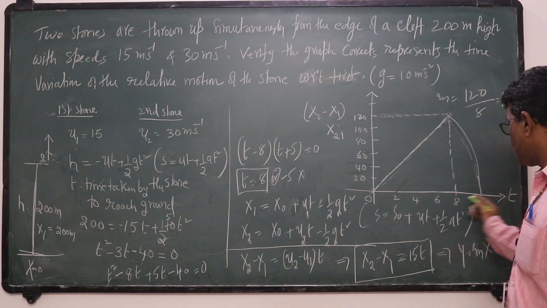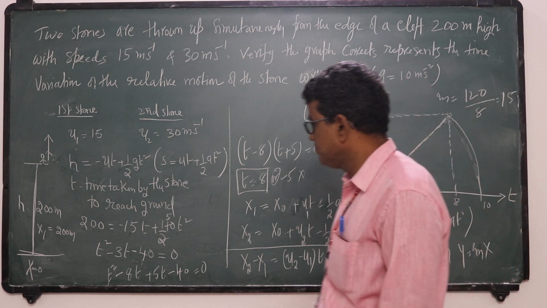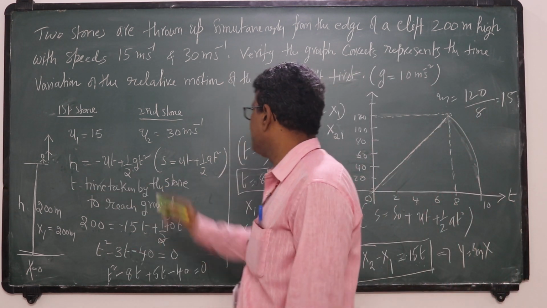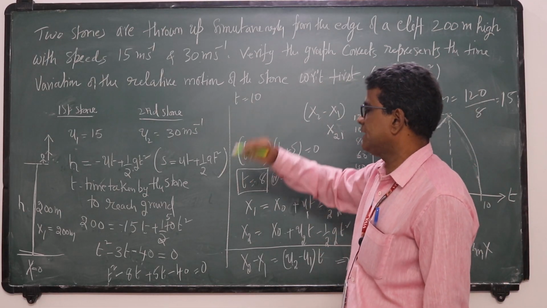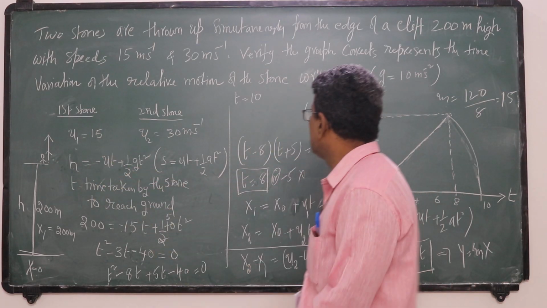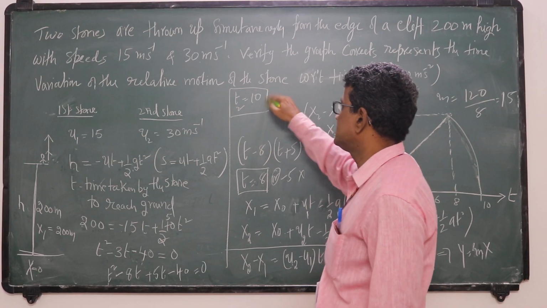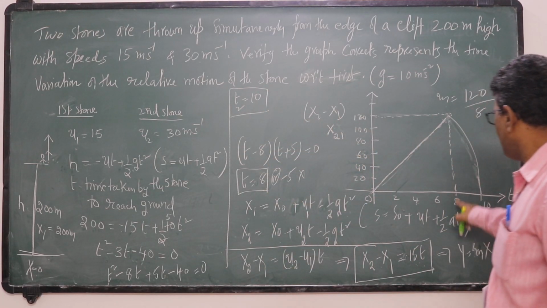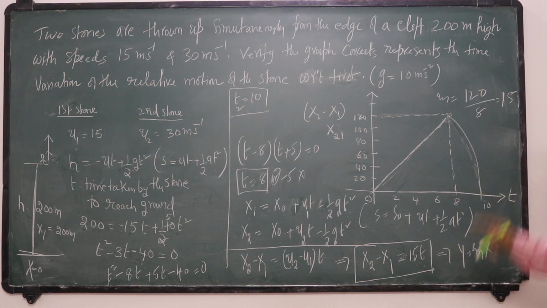For the second stone to reach the ground, how much time will it take? Similarly, use this formula and you will find a time of 10 seconds. So T2 for the second stone is 10 seconds. Between 8 and 10 seconds it is a parabola, so we have to get the mathematical equation.